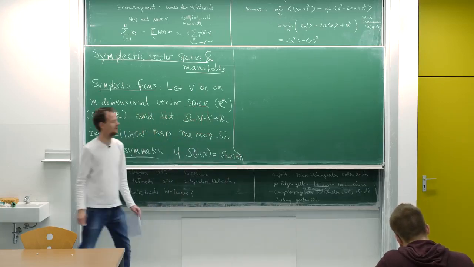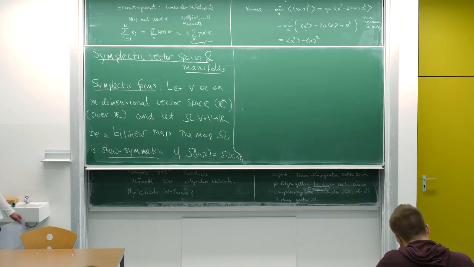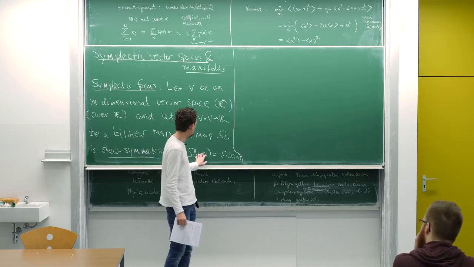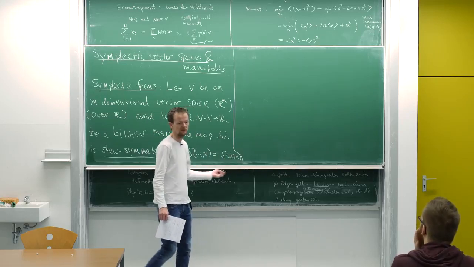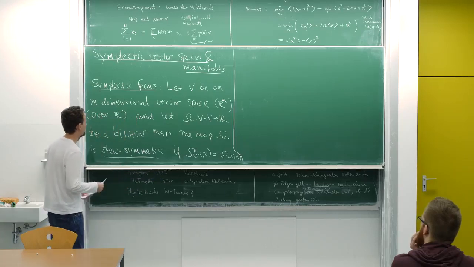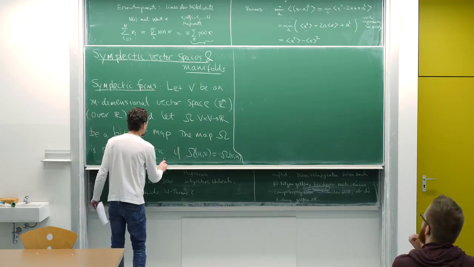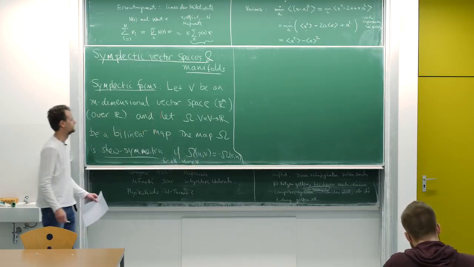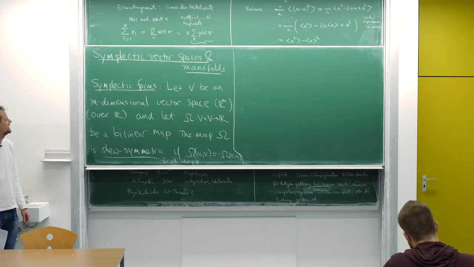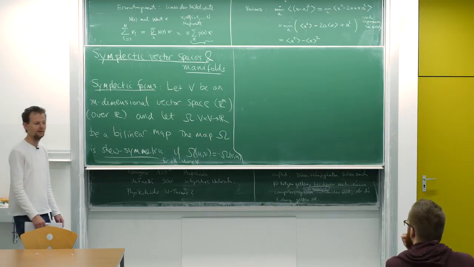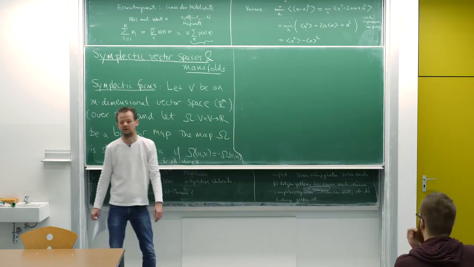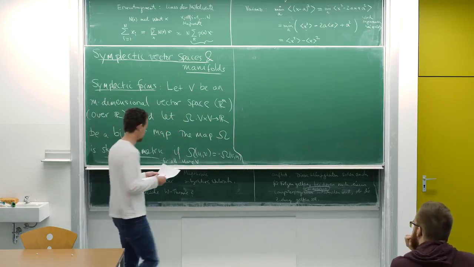Should already start to ring some bells. We've seen things like this before in this course. Things that, when you put in an argument, they exchange sign when you exchange the arguments. And then I'll squeeze in the for all u and v in the big vector space V. That's a skew symmetric bilinear map. When you stick in two arguments and exchange them, you just pick up a minus sign. Easy peasy, right?